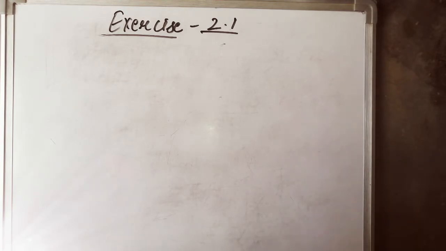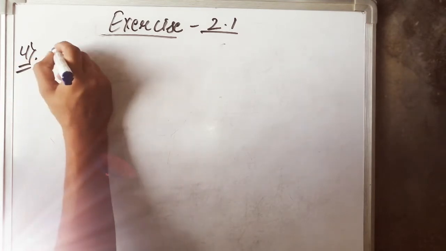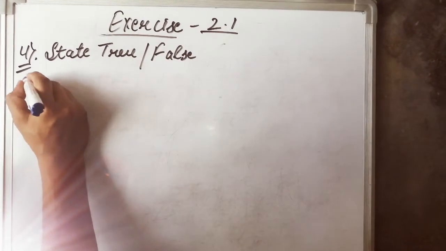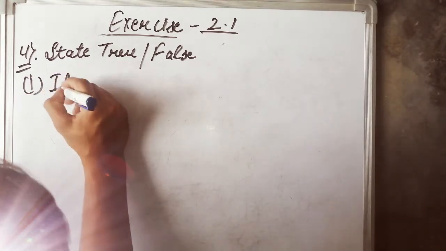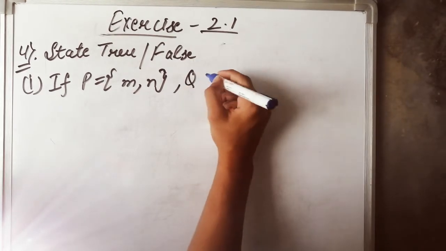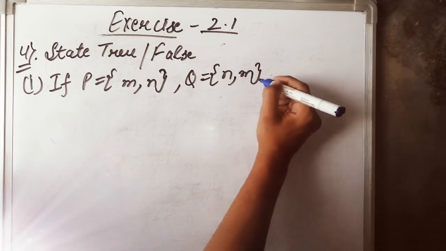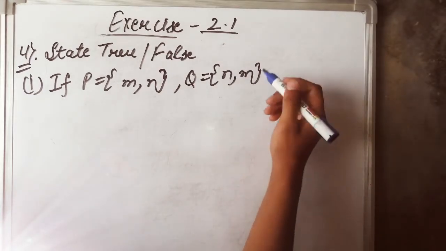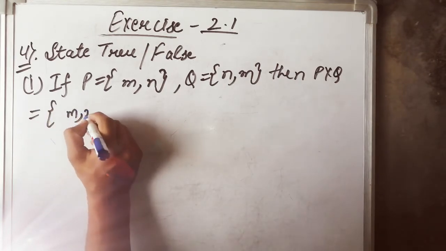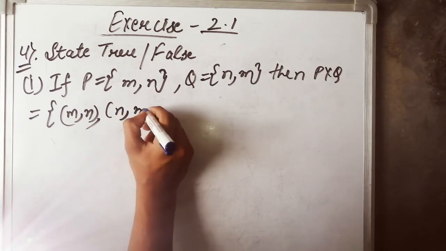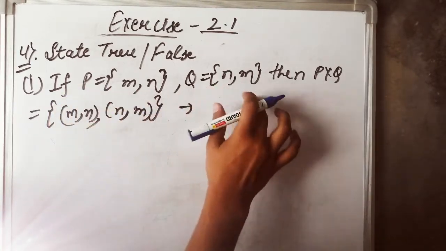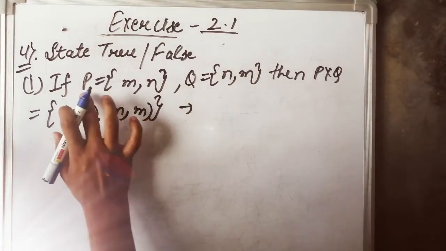Our fourth question is state true or false. Our very first part is, if P equals M, N and Q equals N, M, then P cross Q equals M N and N M. Now look here, we are given that P is equal to M, N and Q is equal to N, M. Using the formula we have n(P cross Q) equals n(P) times n(Q).